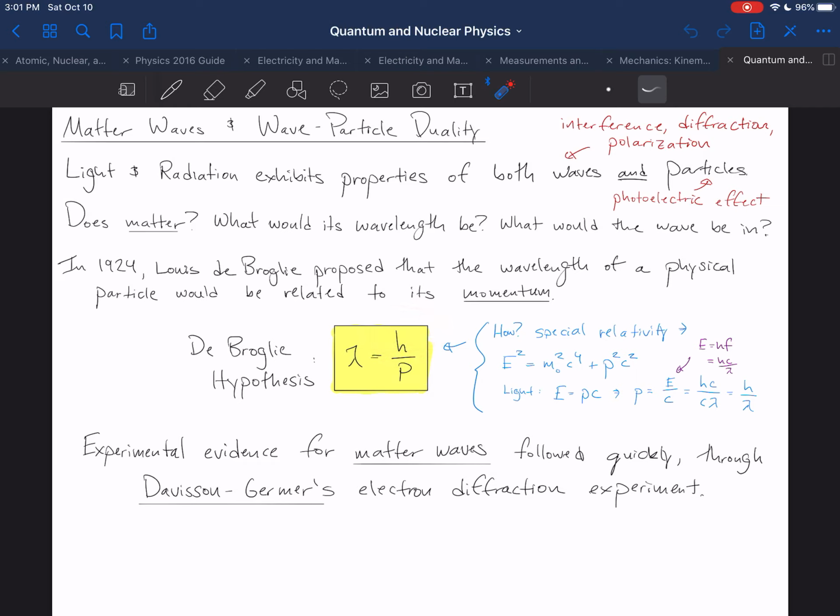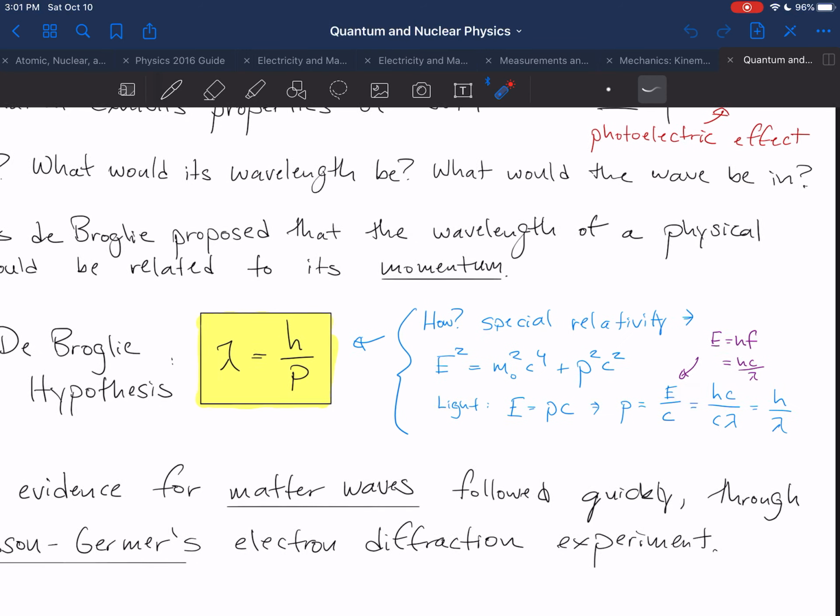This was a hypothesis at the time, but it did not come out of nowhere. It is worth noting this was a radical idea at the time. It's still relatively radical. And as it turns out, it comes from special relativity.